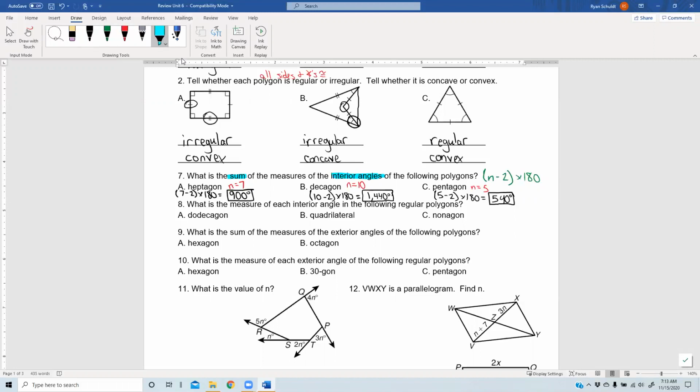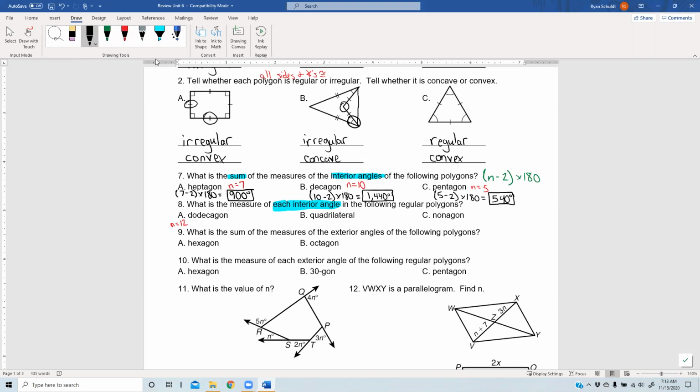Next one, what's the measure of each interior angle? Each interior. So it's like we just did, but we want each angle, which means we have to not only do the formula, but then we've got to divide by how many sides it has. So for a dodecagon, it has 12 sides.